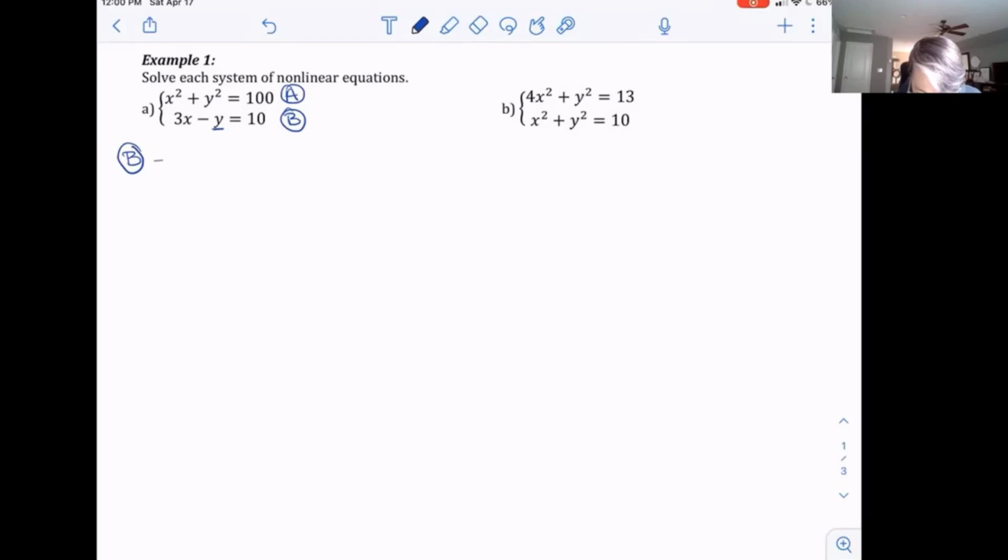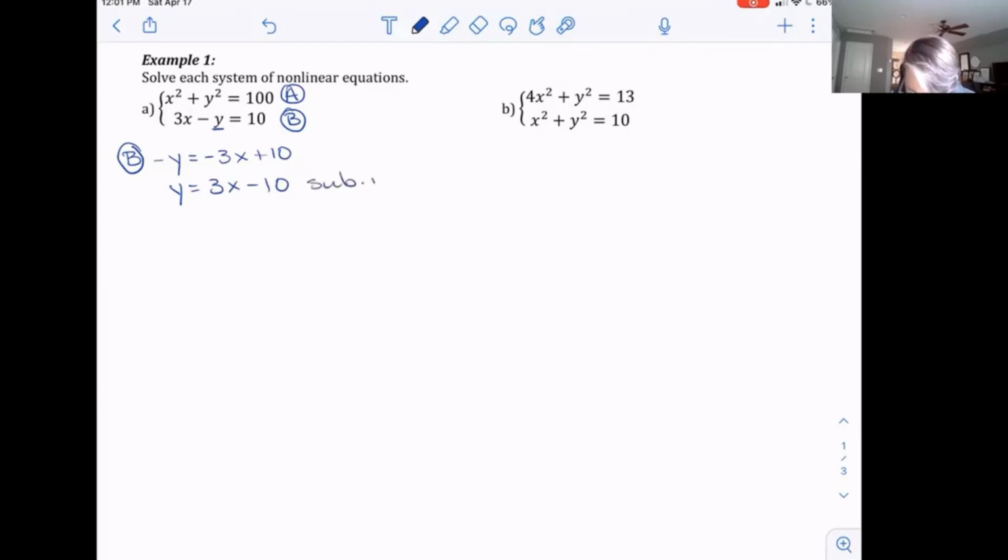We're going to subtract 3x from both sides, so that would give us a -3x plus 10. Divide everybody by that -1, and we get y equals a positive 3x minus 10. So now we have a value for y with x.